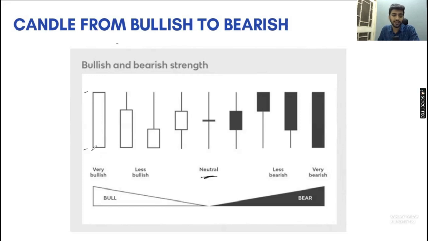The buyers simply bought at each price, and the sellers were not in force. Here some of the sellers came in and started selling, so that's why we see this wick. So here there is no wick on the top and no wick on the bottom. This is the most bullish candle that you will see on any chart.